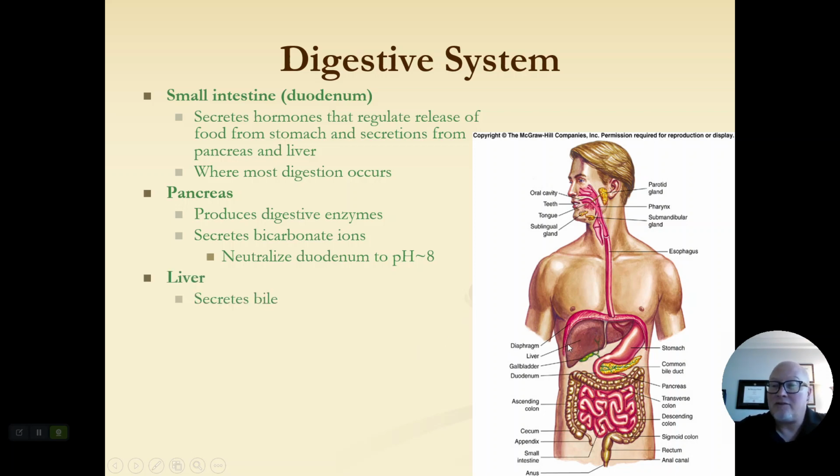So food does not go through the liver. The liver is actually secreting this bile, a substance that helps emulsify fats primarily. It's stored in the gallbladder, which is this green organ that's right here, and literally it is green.